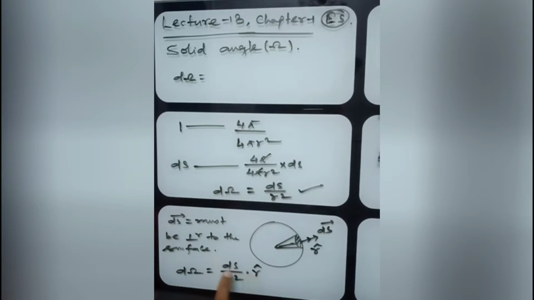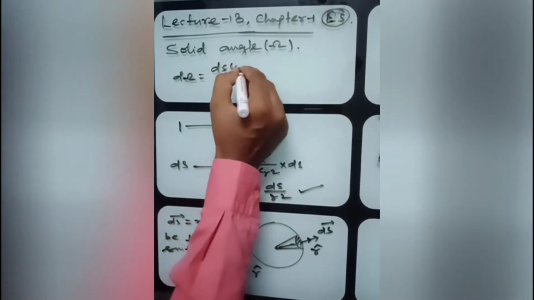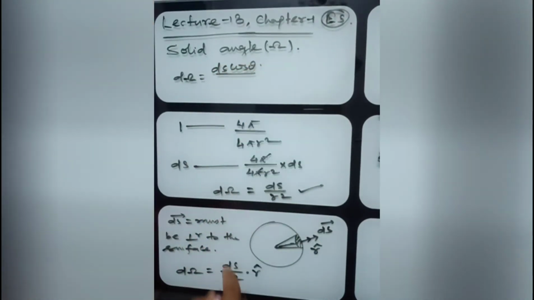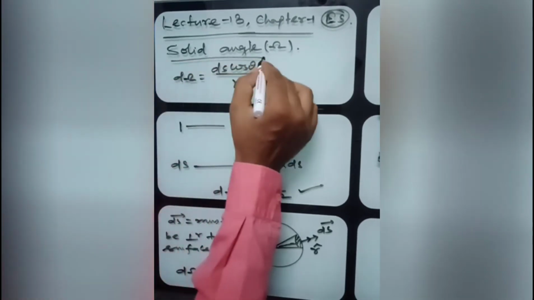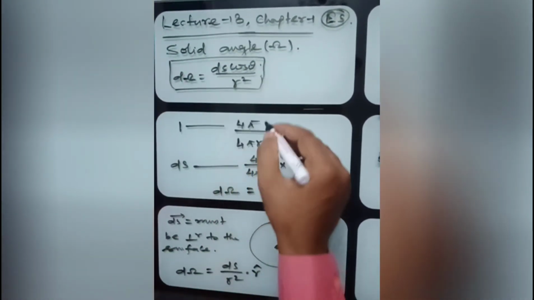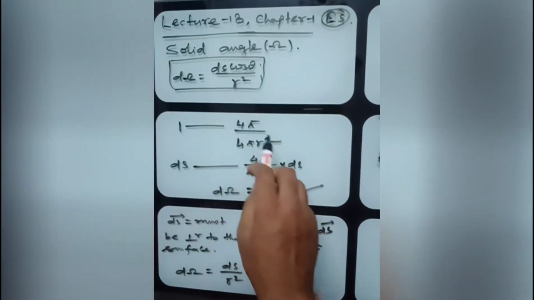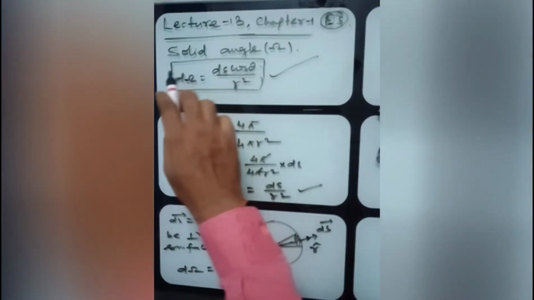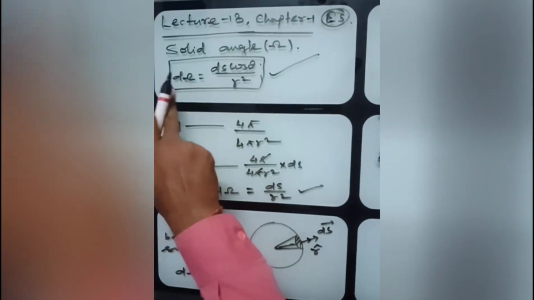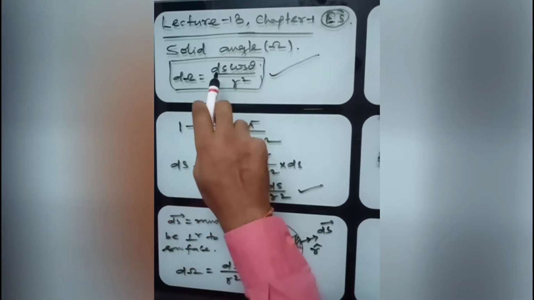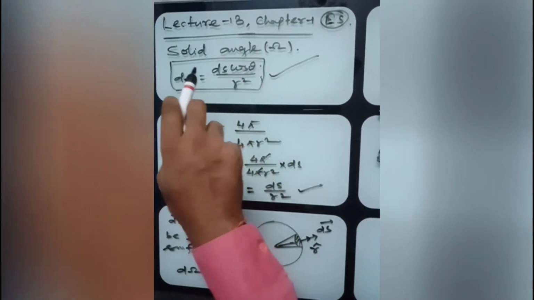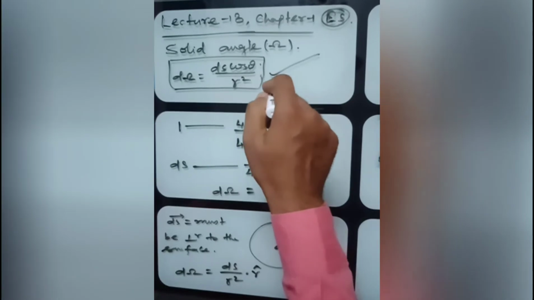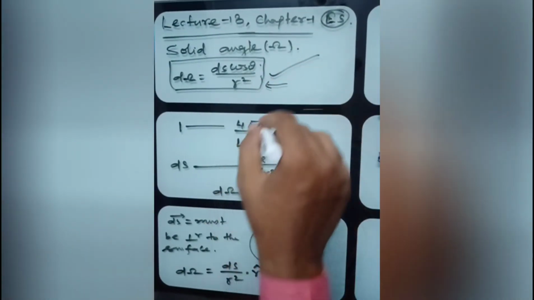These are two vector quantities, so the cosine of the angle between them gives ds cos theta by r square. And this r is nothing but the radius of the sphere we have taken. So you have to remember this formula: the elemental solid angle equals ds cos theta by r square. This same derivation or concept you will use to verify the Gauss law.